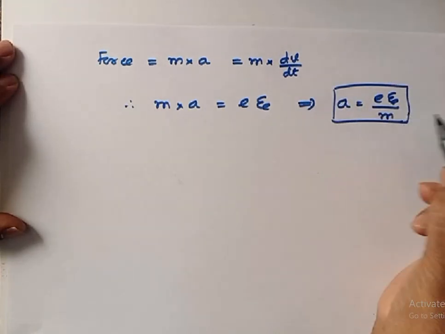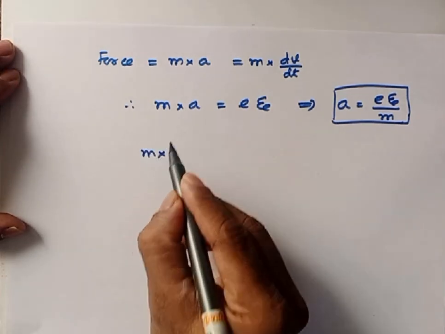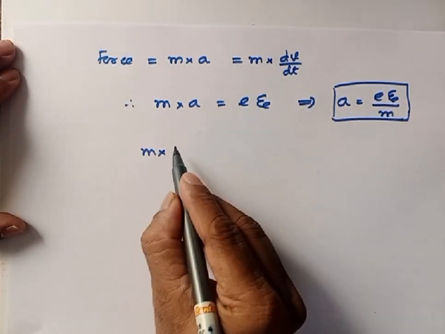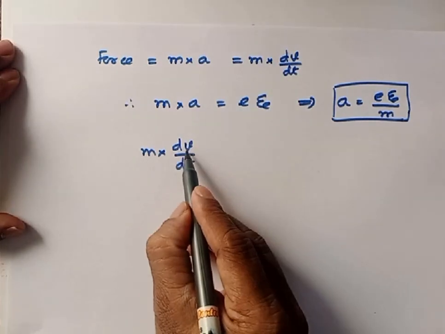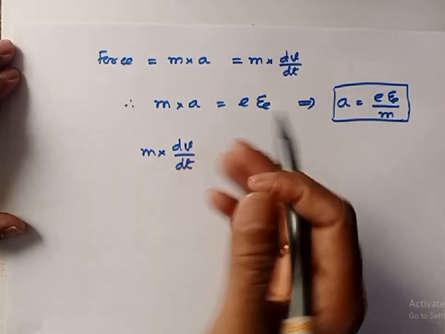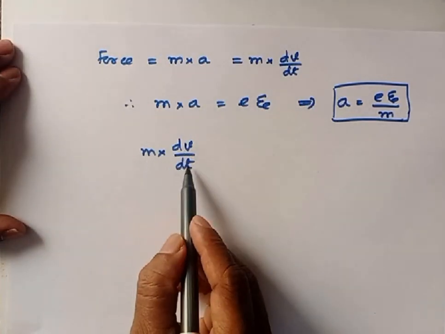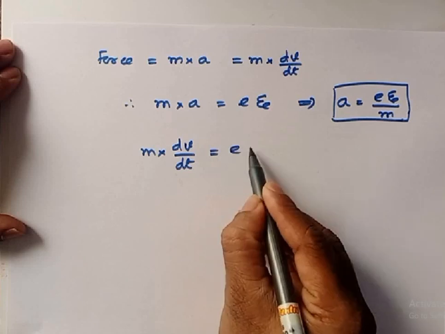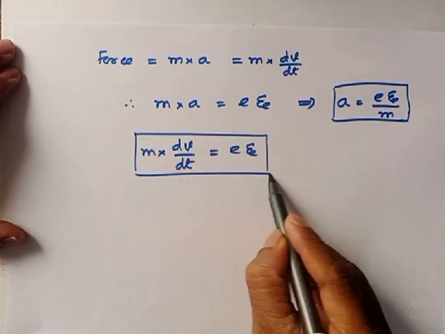We can also write this as m into dv by dt. Remember, these velocities we are discussing here are all average velocities. So m dv by dt equals E epsilon. I'll take this as equation number 1.